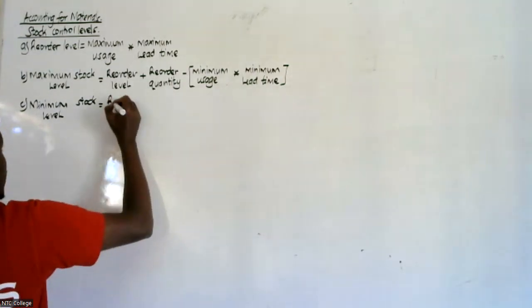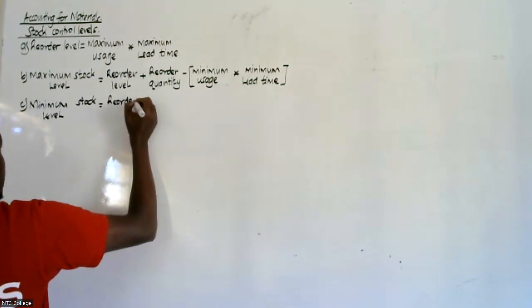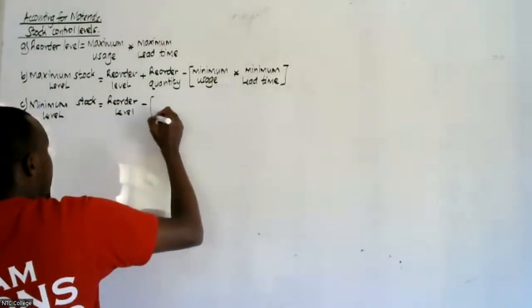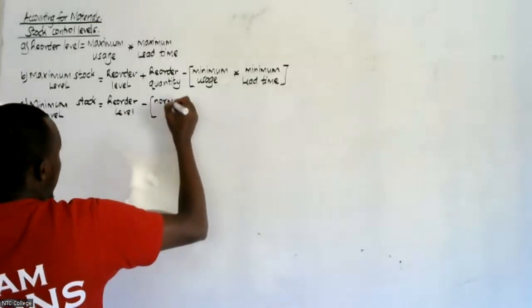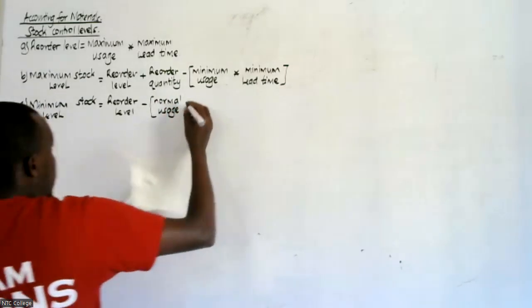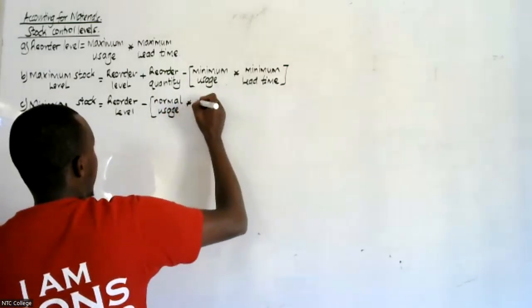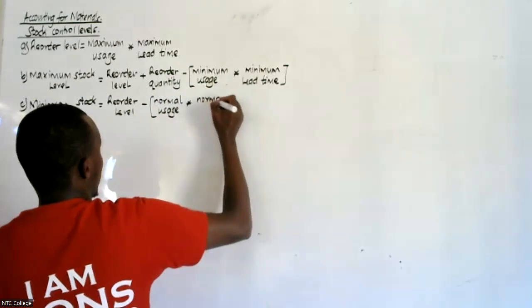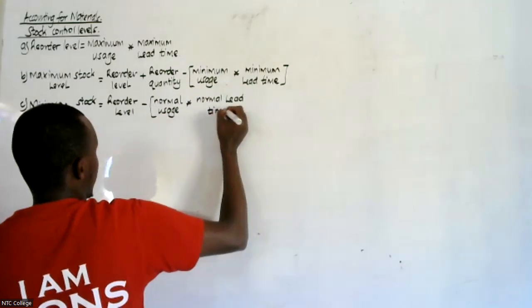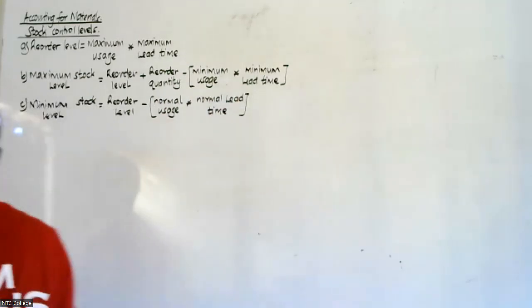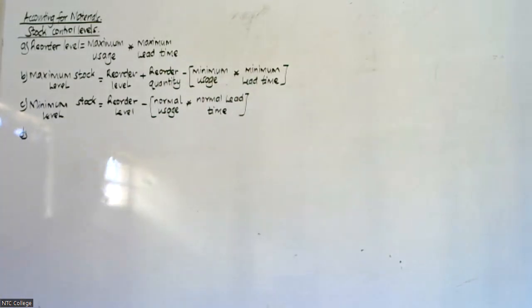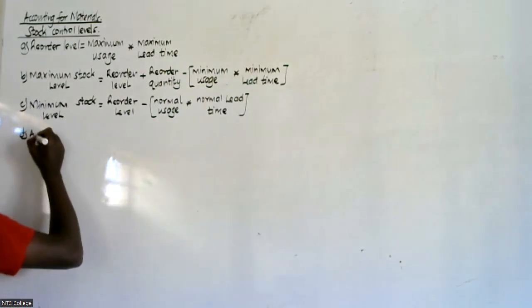It is given by the reorder level minus normal usage by normal lead time. And the fourth one is what we refer to as the average stock level.